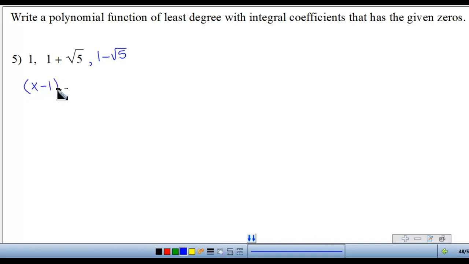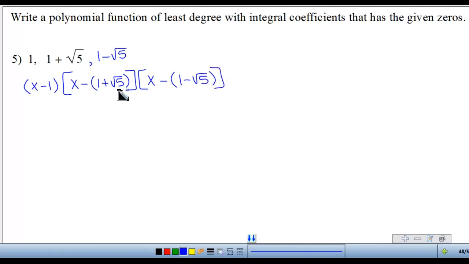Again, when you write these complex numbers as factors, you might want to use brackets. I'm going to have x minus the first complex number, 1 plus the square root of 5. And then I'll have x minus the second complex number, 1 minus the square root of 5.